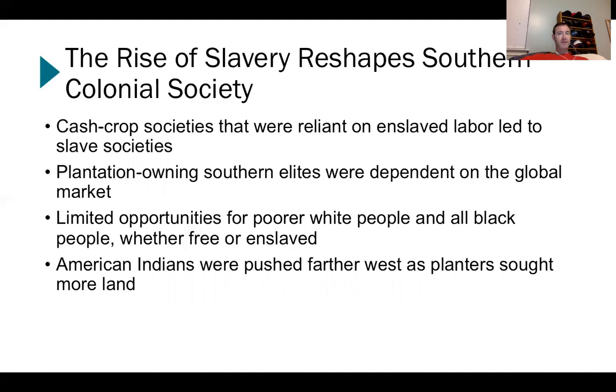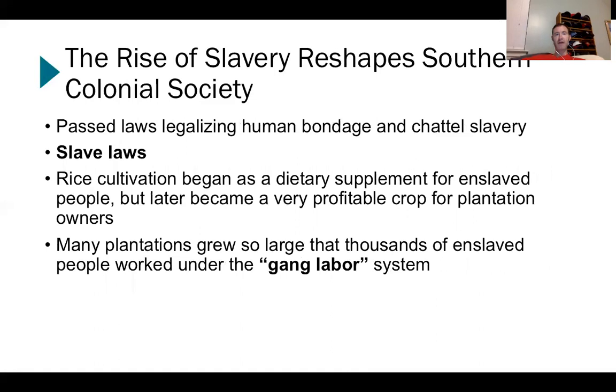Part of this is going to be a result of social class differences with other small farmers that really don't own land. We'll look at some of the examples, guys, of rebellions, and also some of the Native American conflicts that happen in our next session. Very important to be making connections on that.